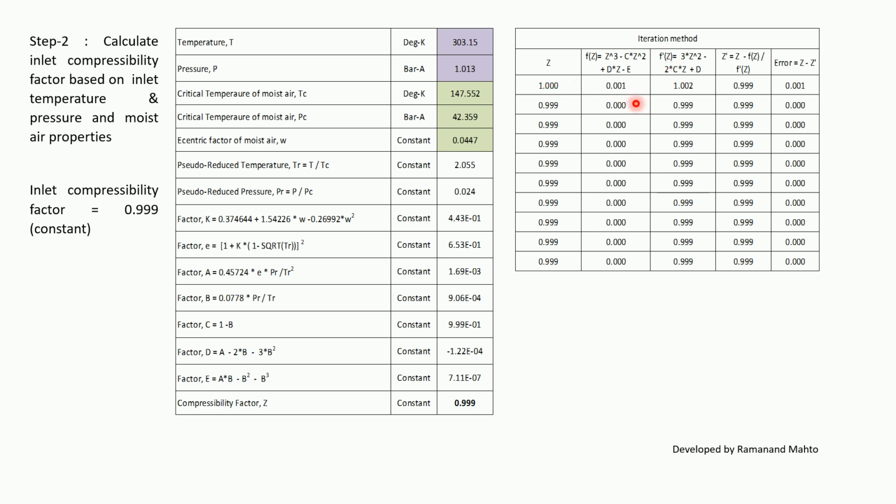Putting Z as 1, then Fz is calculated, F dash Z is calculated, Z dash is calculated, and error is calculated. Then transfer Z dash here and do the same calculation, and error is 0. So we have to stop, 0.999.